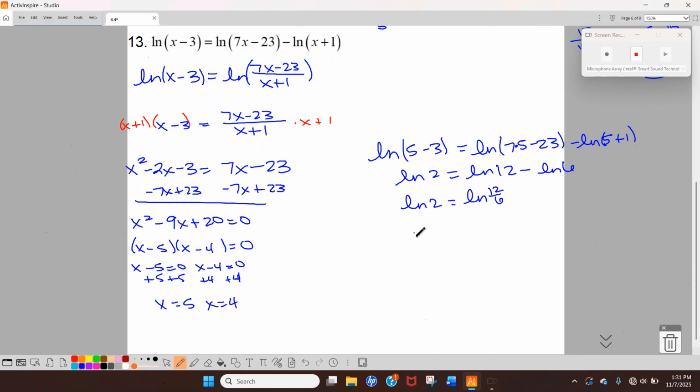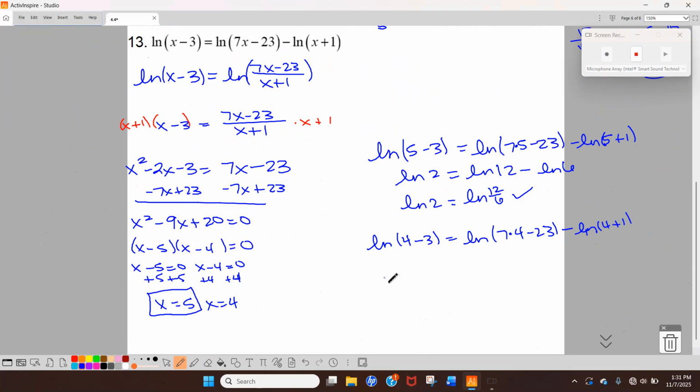So then ln of 2 is equal to ln of 2. That one works. We can assume that the 4 does not, but that's not always the best choice because occasionally 2 answers will work. So go back and plug 4 in for all of your x's. And let's see if that works out.